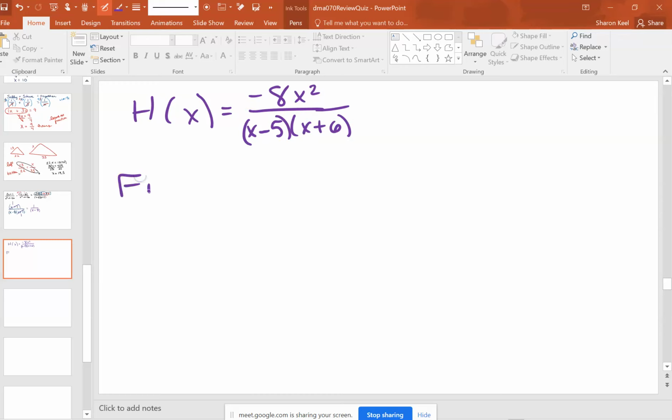And they want us to find the domain. Remember, the domain are the x values. Also remember from section 1, even though this technically is the last section in 70, it's also the first section. Finding the domain or the x values includes finding what makes it undefined.